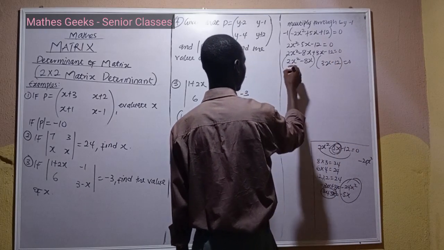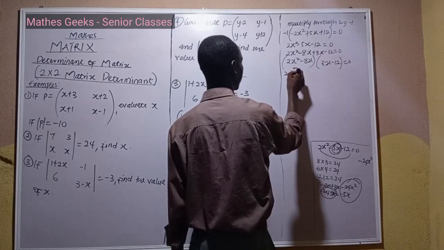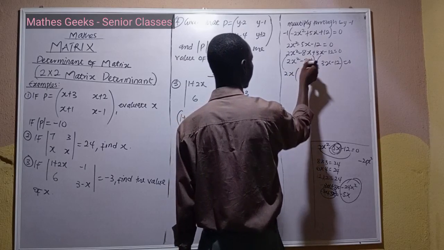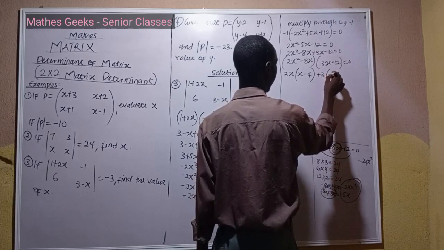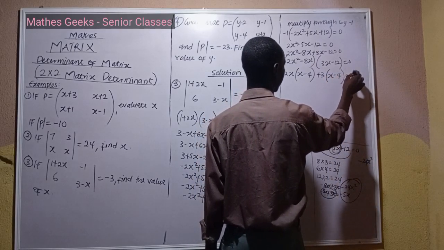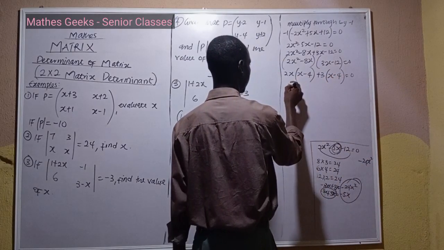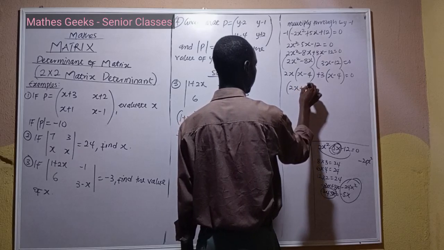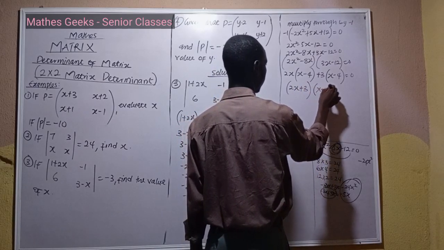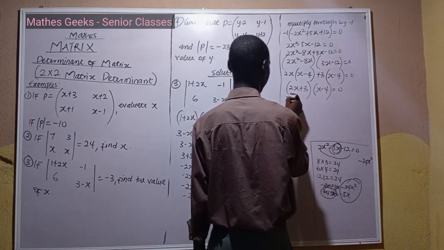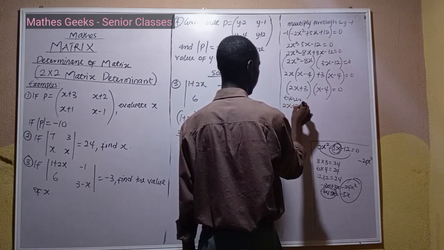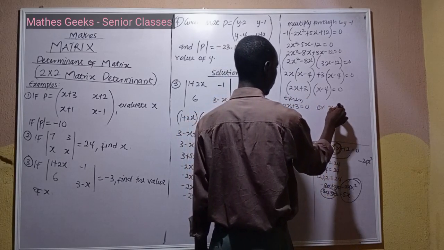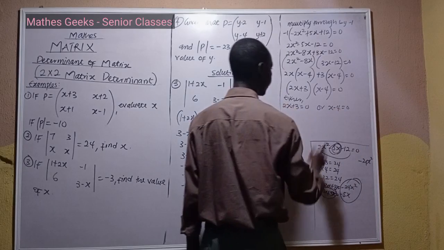Now we factorize: 2x plus 3 times x minus 4 equals 0. So either 2x plus 3 is equal to 0, or x minus 4 is equal to 0.